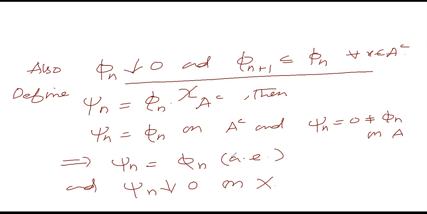But on the rest of the set, psi n is equal to 0. So that means I can say psi n decreases to 0 on whole x. So psi n is a decreasing sequence on whole x, and the limit of psi n is equal to 0 on whole space x.